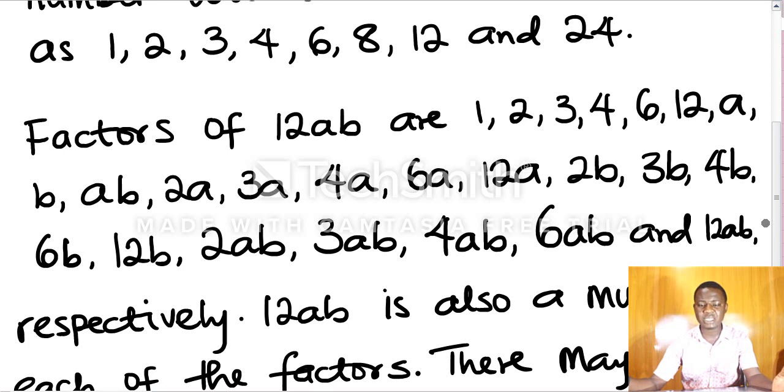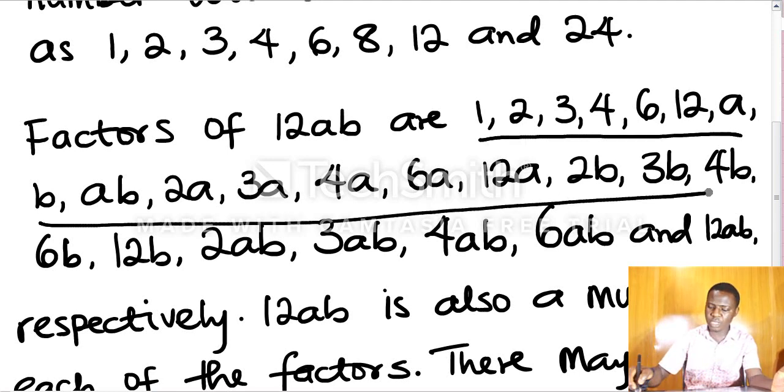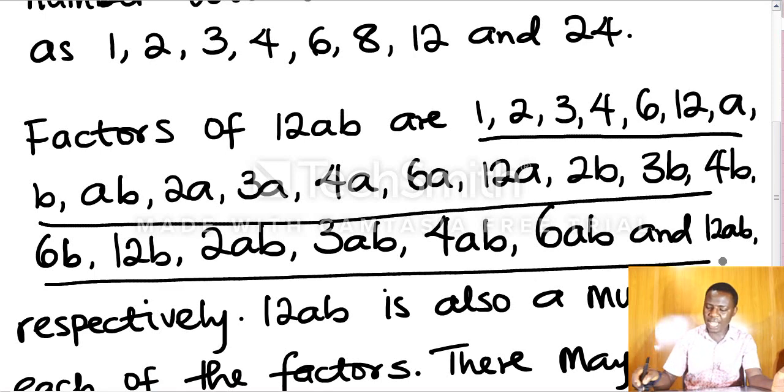Why are they said to be factors of 12AB? These numbers I just made mention of are said to be factors of 12AB because they can divide 12AB without a remainder. That is, dividing 12AB by any of these numbers will give you a whole number. So when a number can do that, we refer to such a number as a factor of the bigger number.